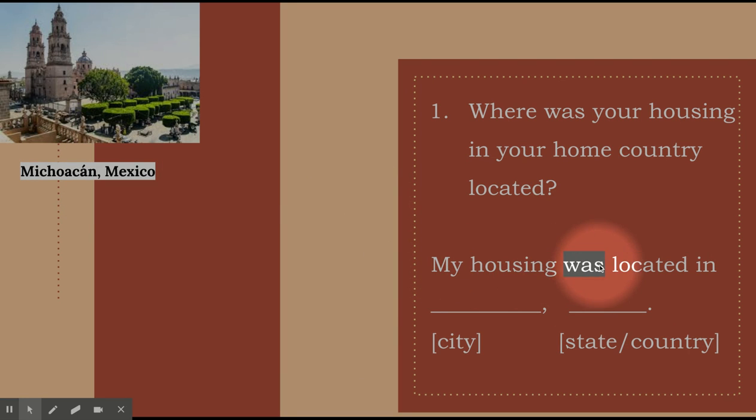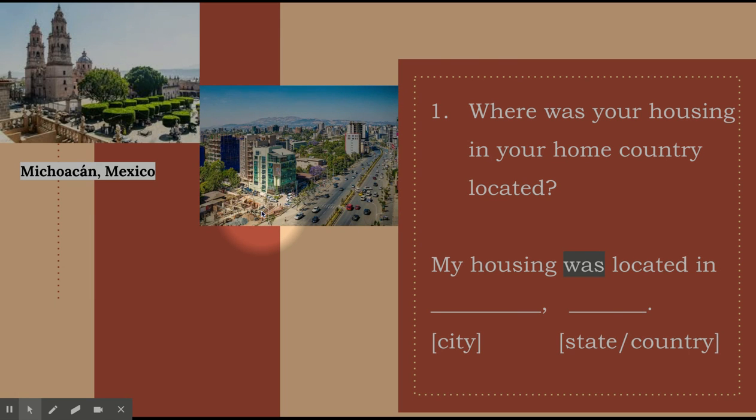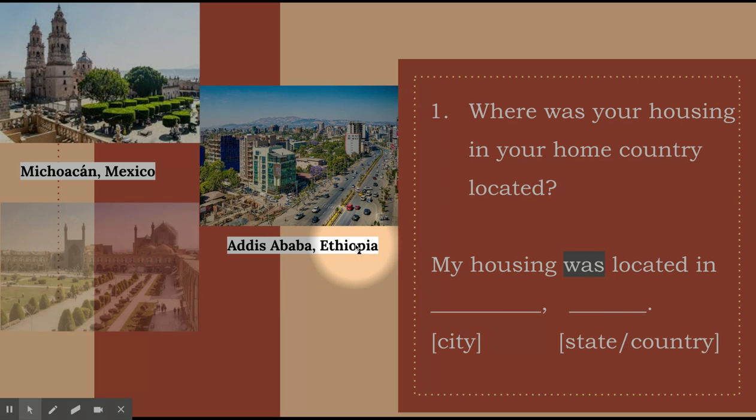My housing was located in Michoacán, the city, Mexico, the state or the country. My housing was located in Addis Ababa, Ethiopia. You have the city and the country.